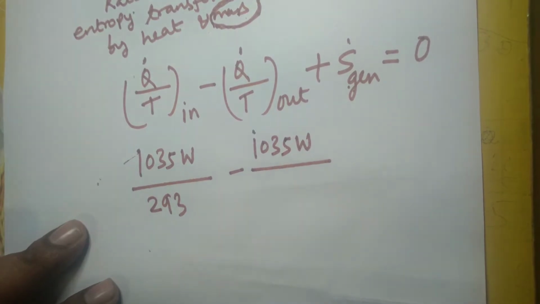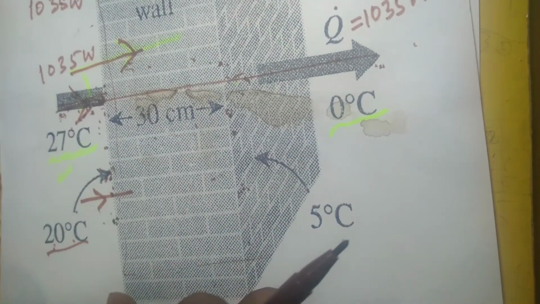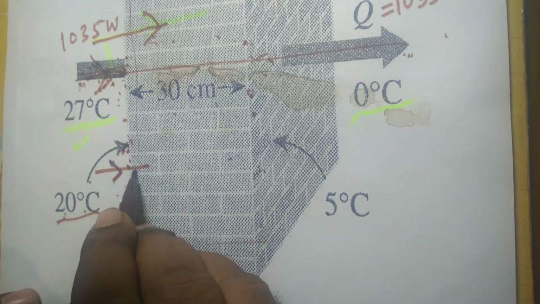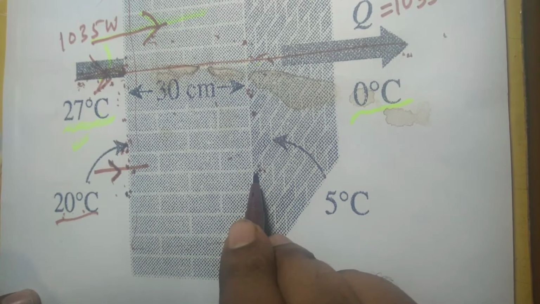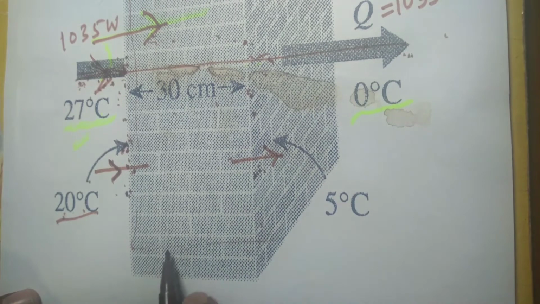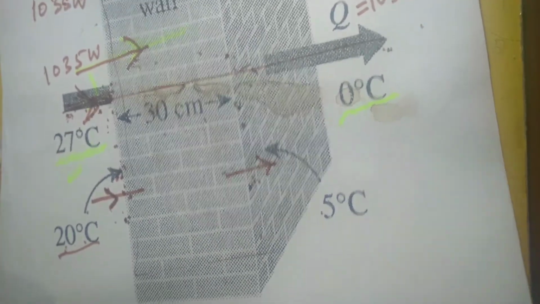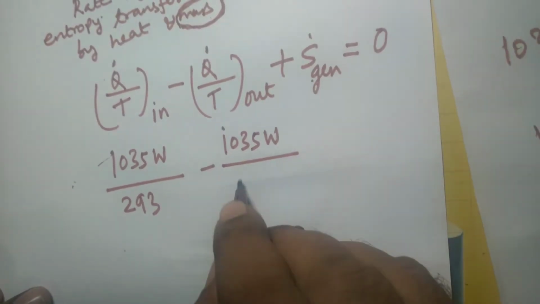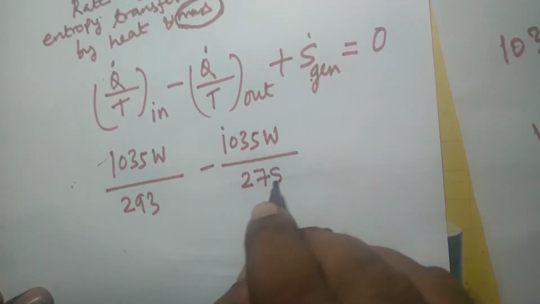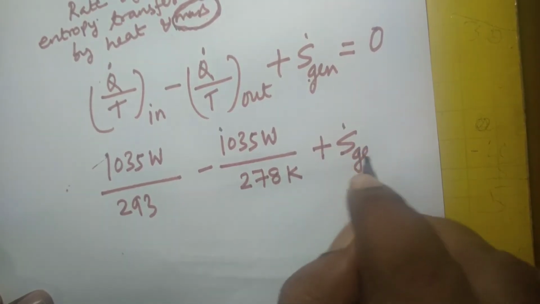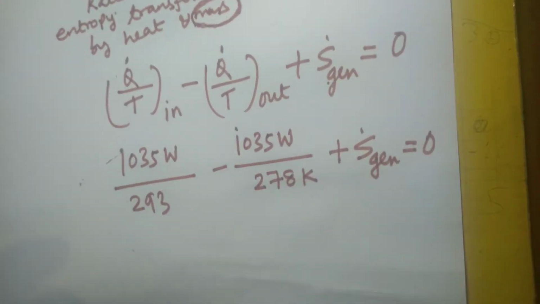This is again Q dot by T out, the temperature at which the heat is going outside the wall. This is the wall. Here at 20 degrees Celsius heat enters the wall, and at 5 degrees Celsius heat goes out of the wall. And 5 degrees Celsius, if you convert that into absolute temperature, will be 278 Kelvin, plus S dot gen equal to 0.